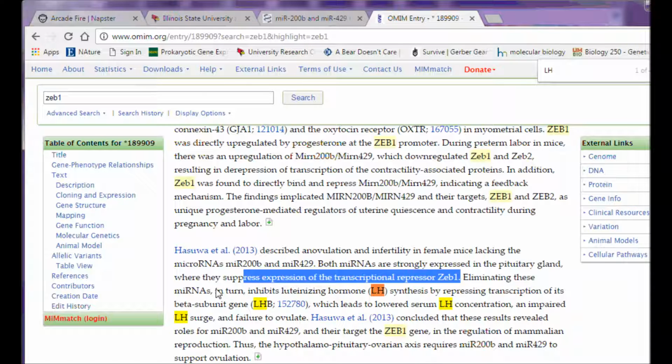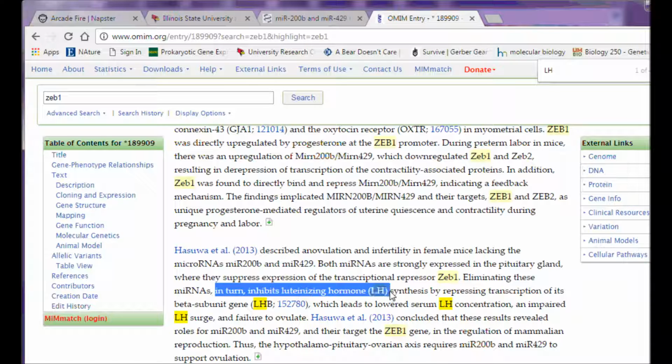Eliminating these microRNAs in turn inhibits luteinizing hormone synthesis by repressing transcription of its beta subunit gene, which leads to lowered serum LH concentration and impaired LH surge and failure to ovulate. Asawa et al. concluded that these results revealed roles for miR-200B and miR-429 and their target ZEB1 gene in the regulation of mammalian reproduction. Thus, the hypothalamic pituitary ovarian axis requires miR-200B and miR-429 to support ovulation.